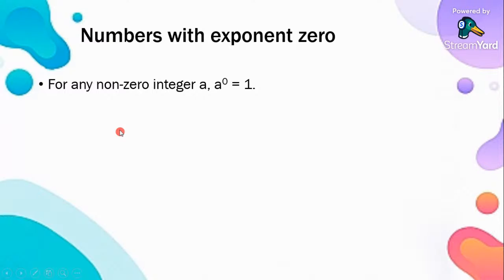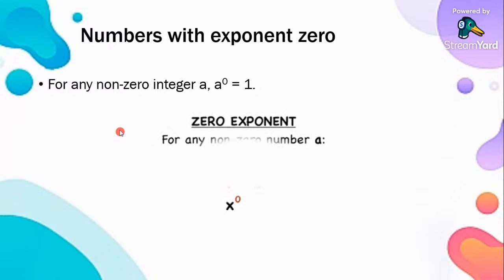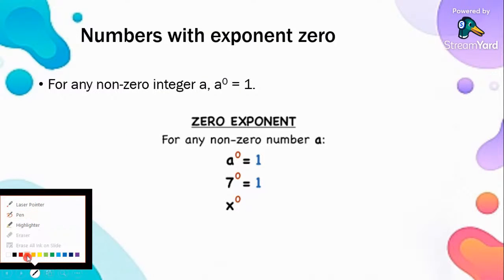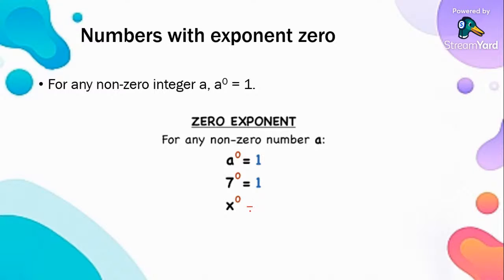For any non-zero integer a, a to the power of 0 is always 1. Understood? Now you can see, if a to the power of 0 equals 1, then 7 to the power of 0 is also equal to 1, and then x to the power of 0, what do you think? This is also equal to 1.